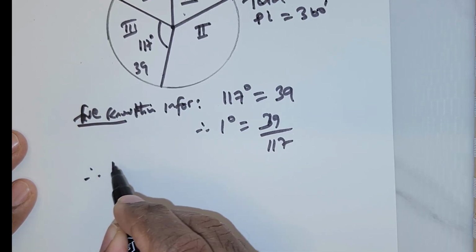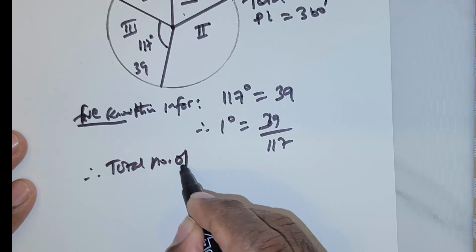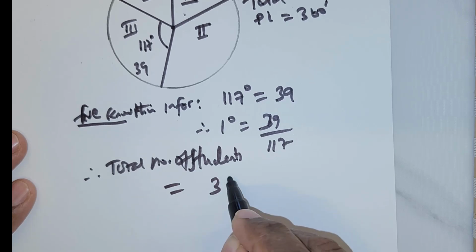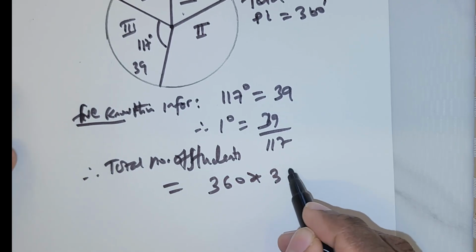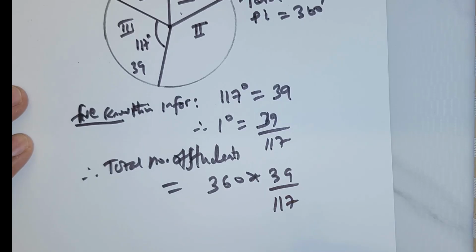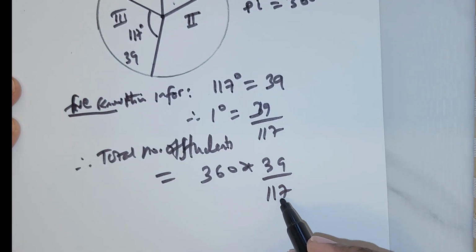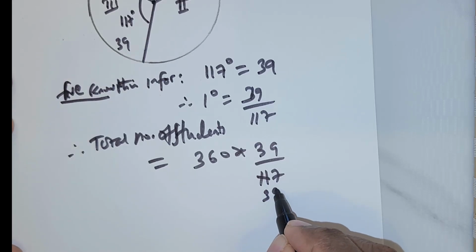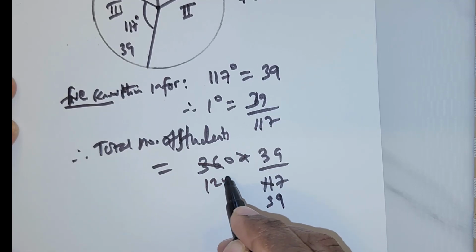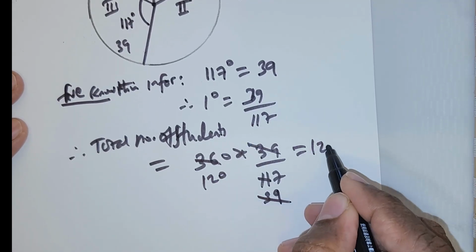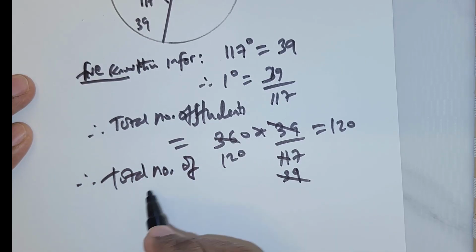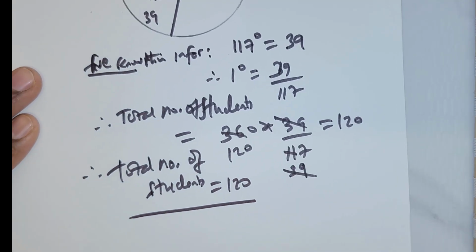So therefore the total number of students is nothing but 360 multiplied by 39 over 117. So 3 will divide here. 3 3s are 9, 10, 11, 27. 9 times 3 divides here 120 times. 39 goes away, you have 120. So therefore the total number of students is equal to 120.